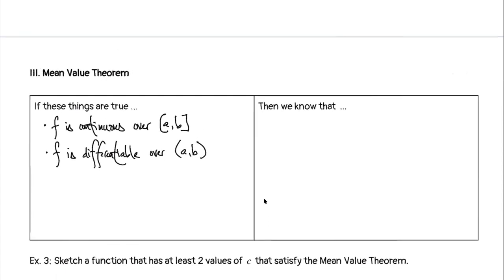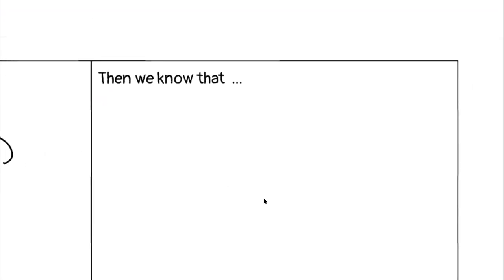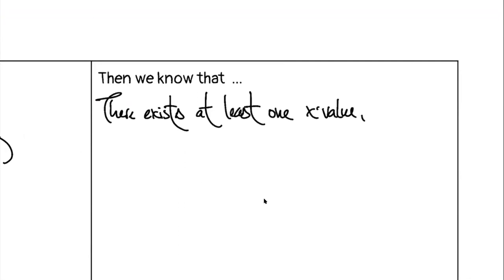All right. So if you've got something that is continuous and differentiable, here's what's going to be true. There exists at least, there's that word again, at least one x value c such that, that weird alphabetical thing again, c is between a and b. All right, so there exists at least one value c such that c is between a and b.